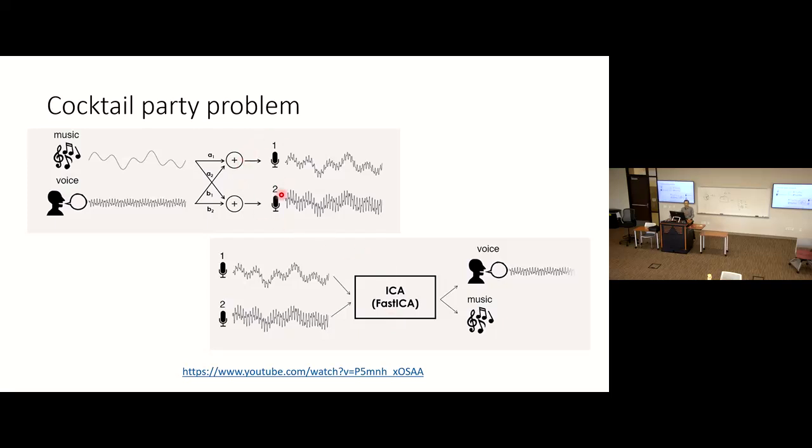So you need 2 microphones. If you have only one microphone collecting the mixed sound, you don't know how to separate them. But if you have 2, you should be able to separate the two major sources.